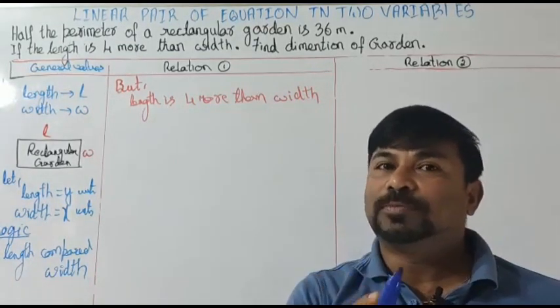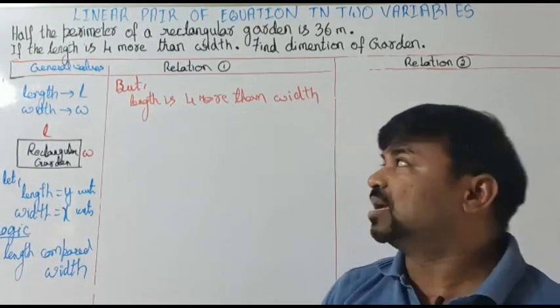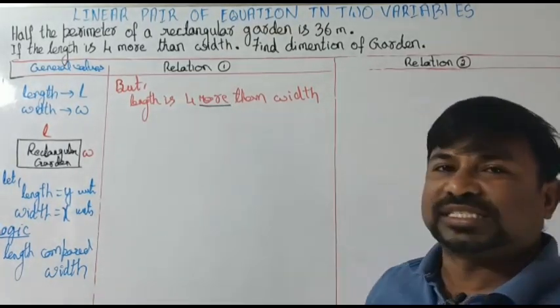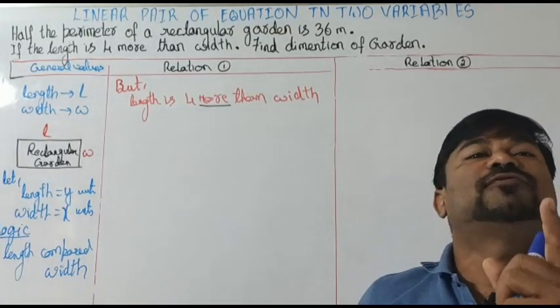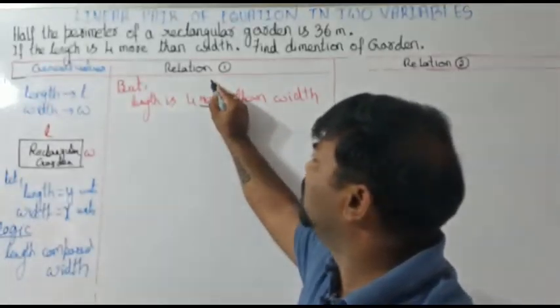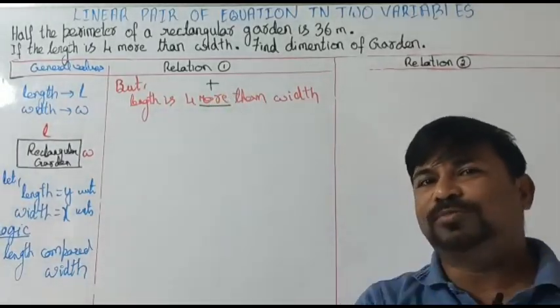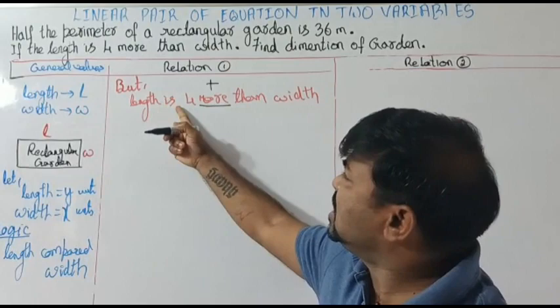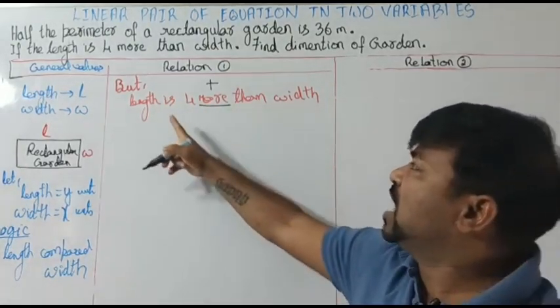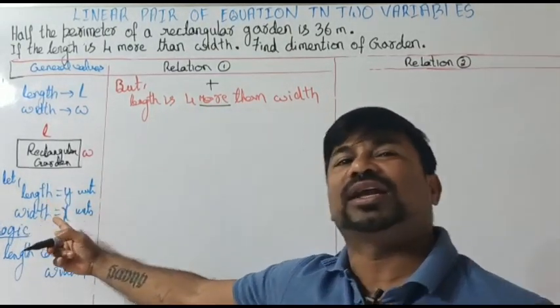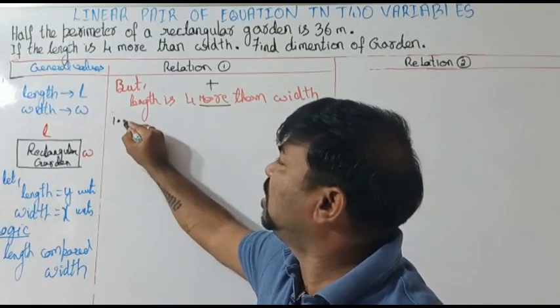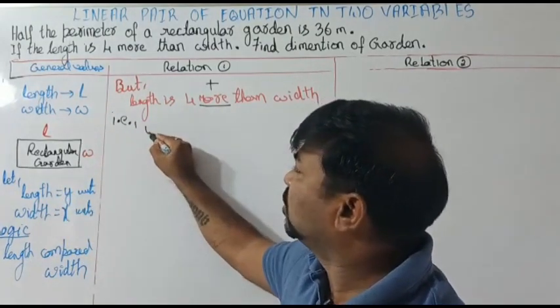Now you have to remember the logical word we are able to see here. The stressing word, the key word, is nothing but more. More always means plus. You have to remember that. So length is 4 more than width. Length, what is the length we are talking about? We are considering it as y.